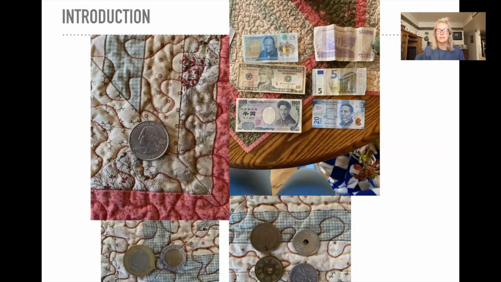So going back to the money on the screen, I have done a little bit of research on the amounts and the ratio of them to US American dollars. So the euro is about the same as the US American dollar. The peso equals about 50 cents. The pound is about $1.25.